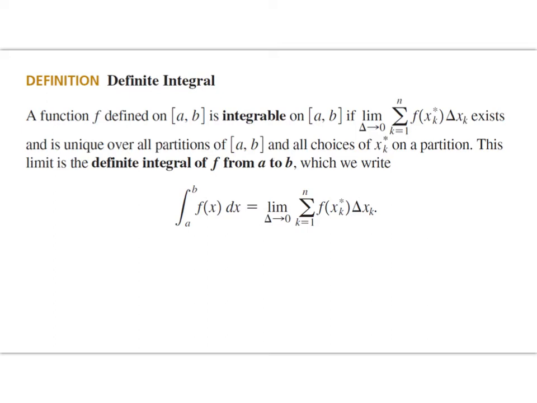This is the definite integral of f from a to b. So the left-hand side is the integral from a to b of f of x dx, and that's equal to the limit as delta goes to 0 of the summation of the areas of all of our rectangles.